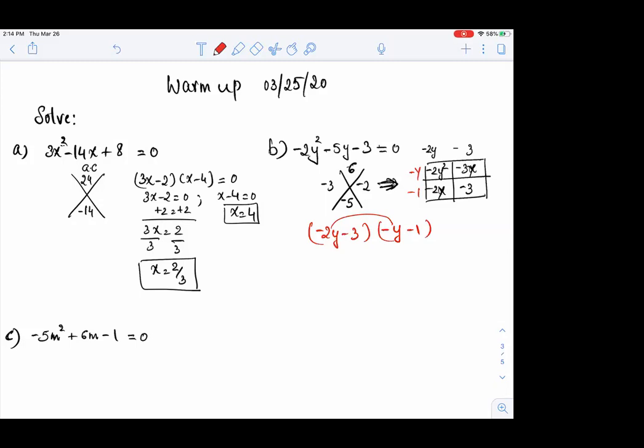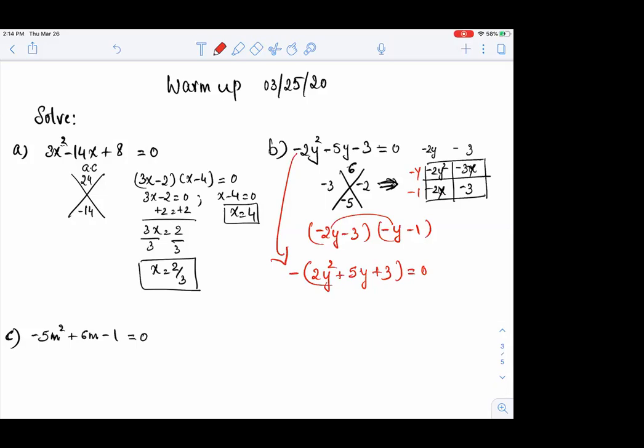So what you should have done, as I explained earlier, is when you see a negative everywhere, you should take the negative outside and put it outside the parentheses. That would avoid this issue.